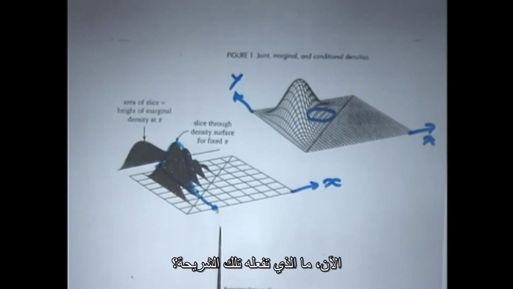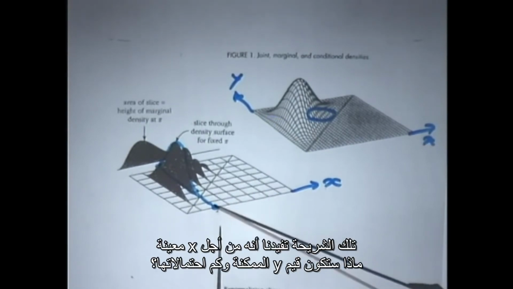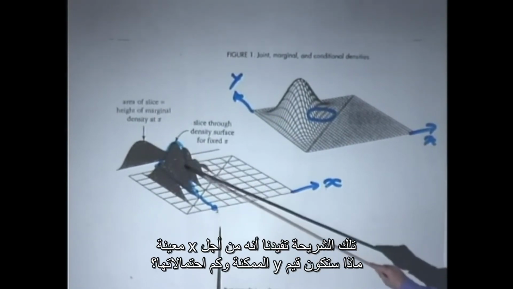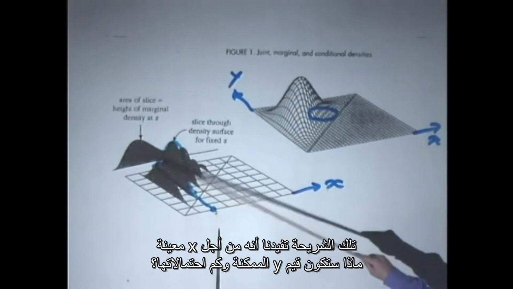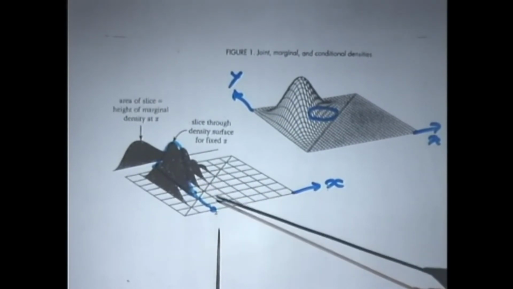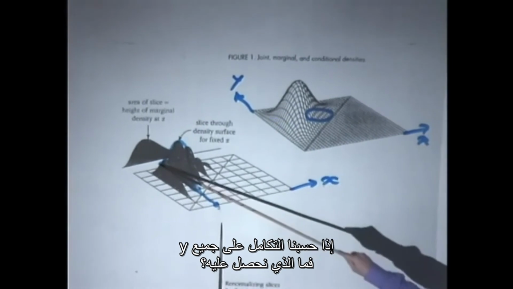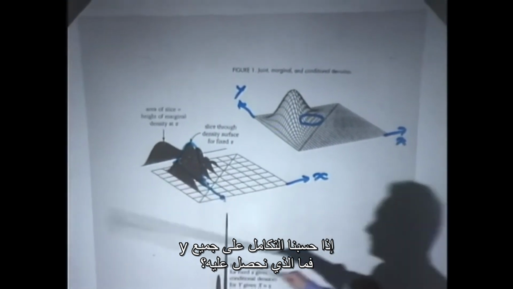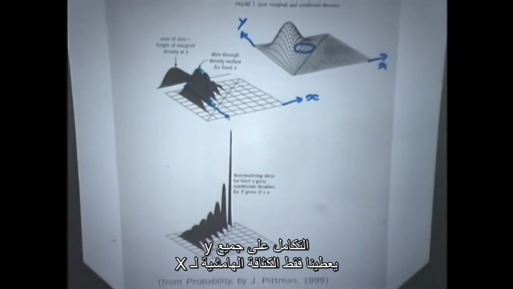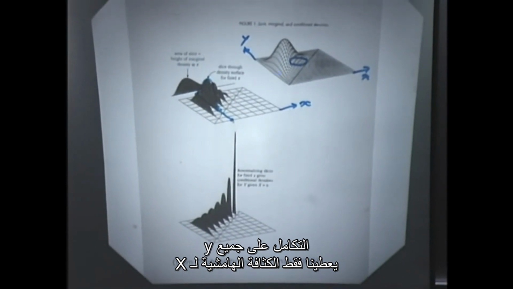Now, what does that slice do? That slice tells us for that particular x what the possible values of y are going to be and how likely they are. If we integrate over all y's, what do we get? Integrating over all y's just gives us the marginal density of x.